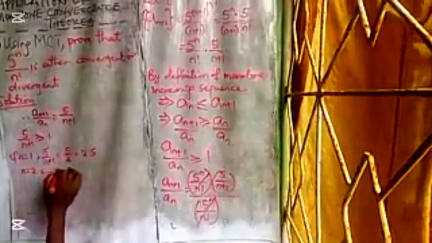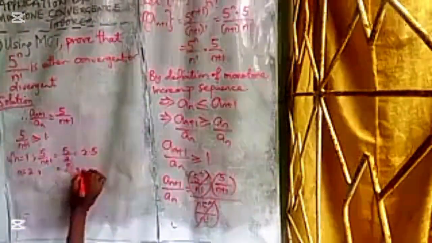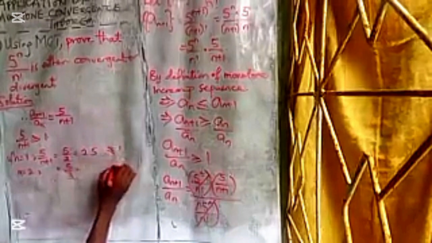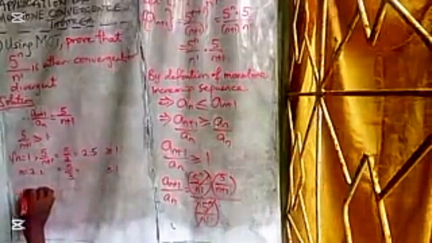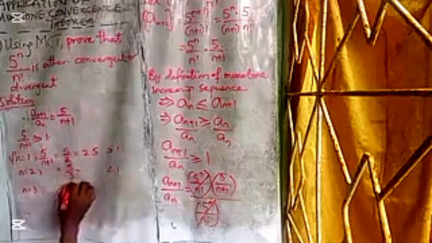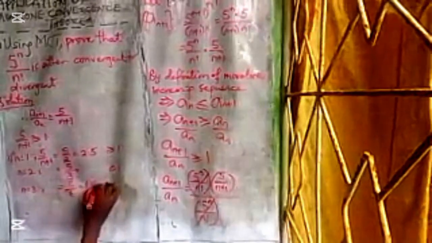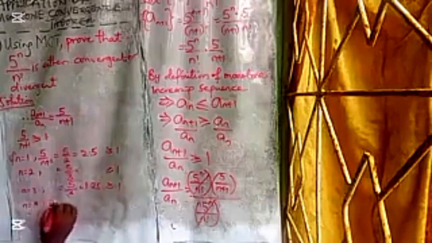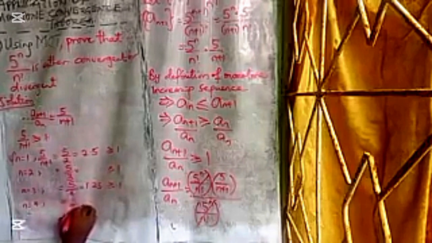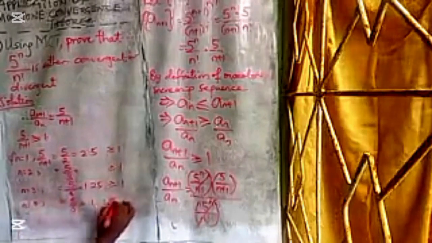If n is equal to 2, this gives us 5/3, which is also greater than or equal to 1. It is greater than 1. If n is equal to 3, this is 5/4, and that is 1.25. It is greater than 1. If n is equal to 4, this is 5/5, which is greater than or equal to 1.